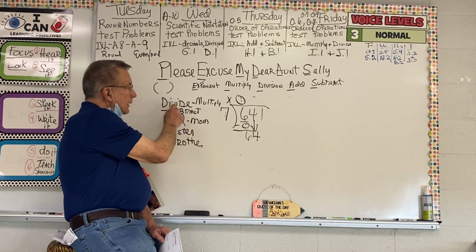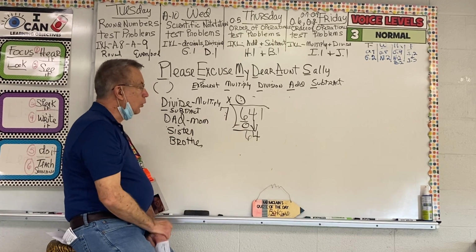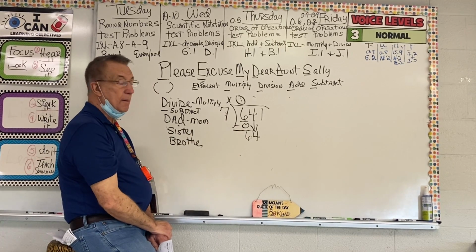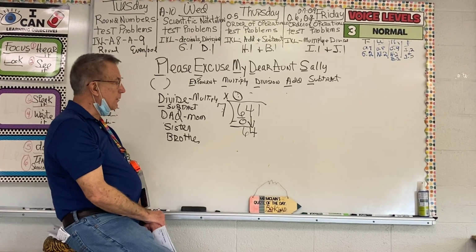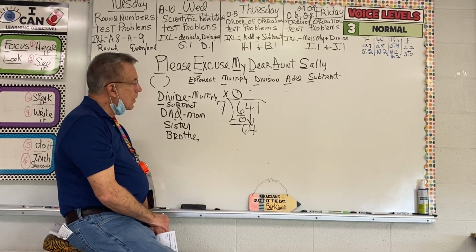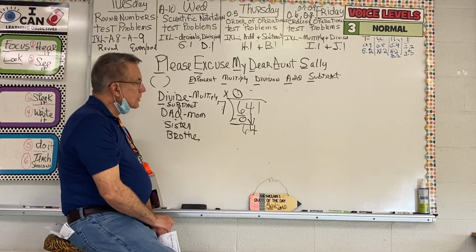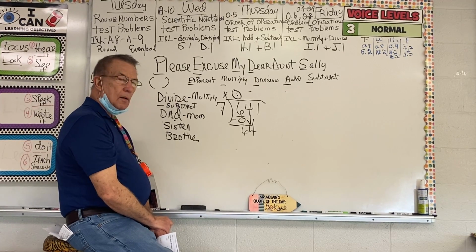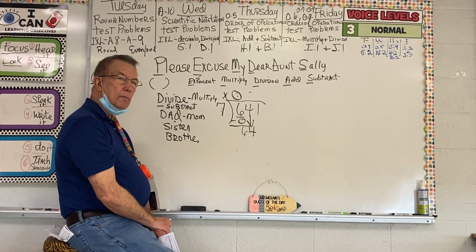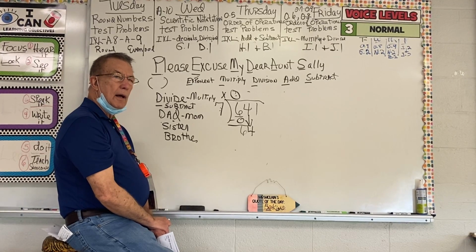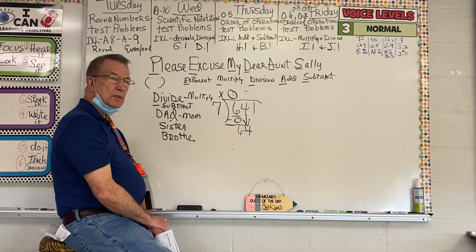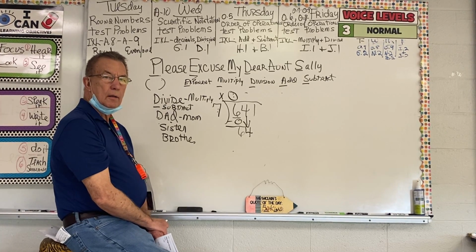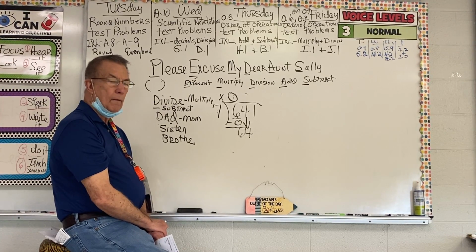You start dividing again. 7 will go into 64 9 times. And the way you kind of do that, some of you have trouble with your multiplication tables, I've noticed, and you can do a couple of things. Sometimes instead of saying 7 divided into 64, which I find most of you find a little bit harder, try saying this: 7 times what equals 64 or a little below.